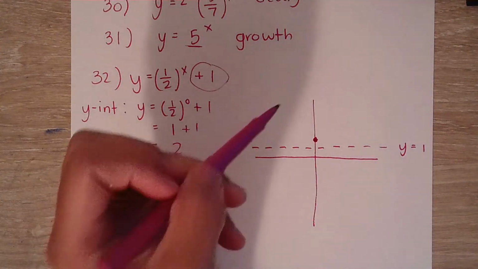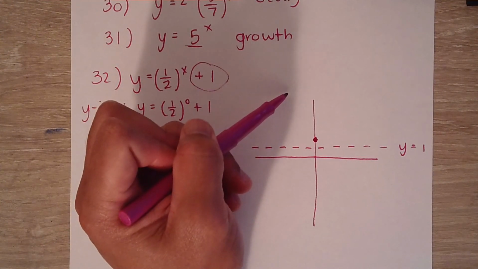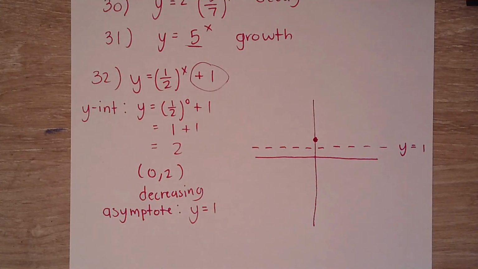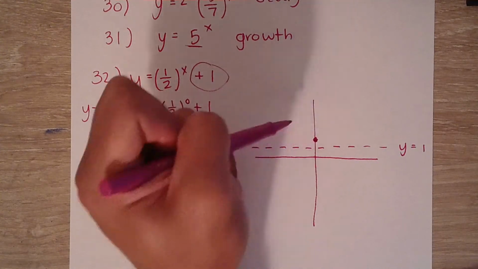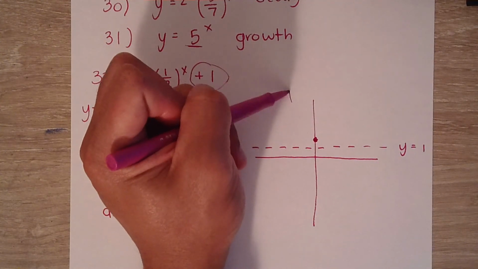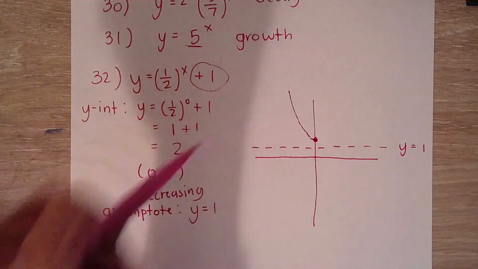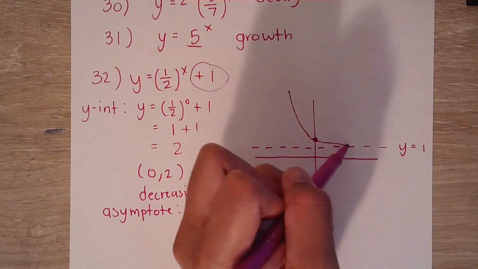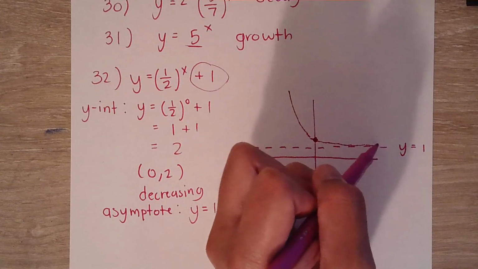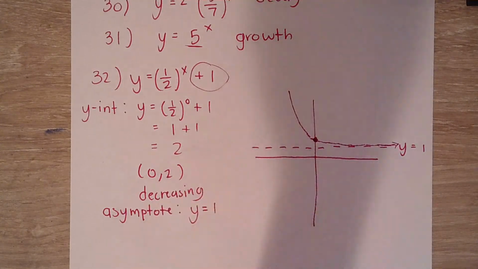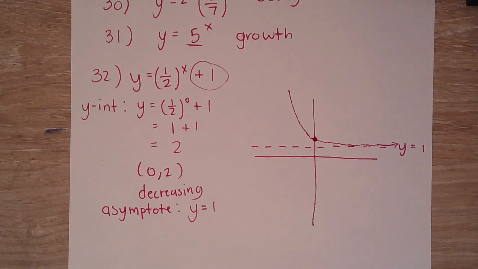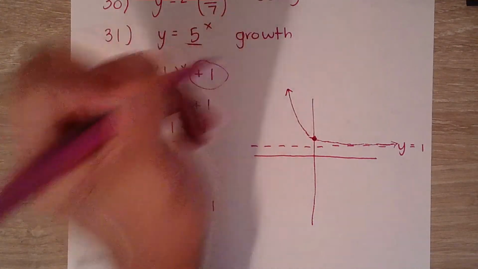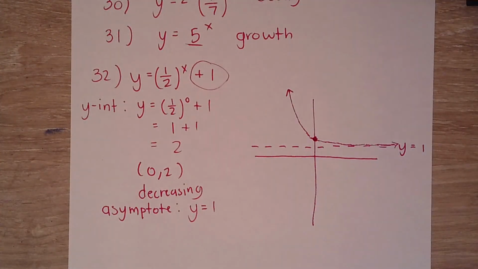Remember, if it decreases, from left to right we start up high and then go down low as we get further. So our graph starts up here, needs to decrease sharply, and once we pass our point, we start to approach our asymptote very, very slowly. It's hard to draw something where it looks like it doesn't touch, but if you draw anything that resembles this on your test, I'll give you full credit, as long as you have these features on your graph.